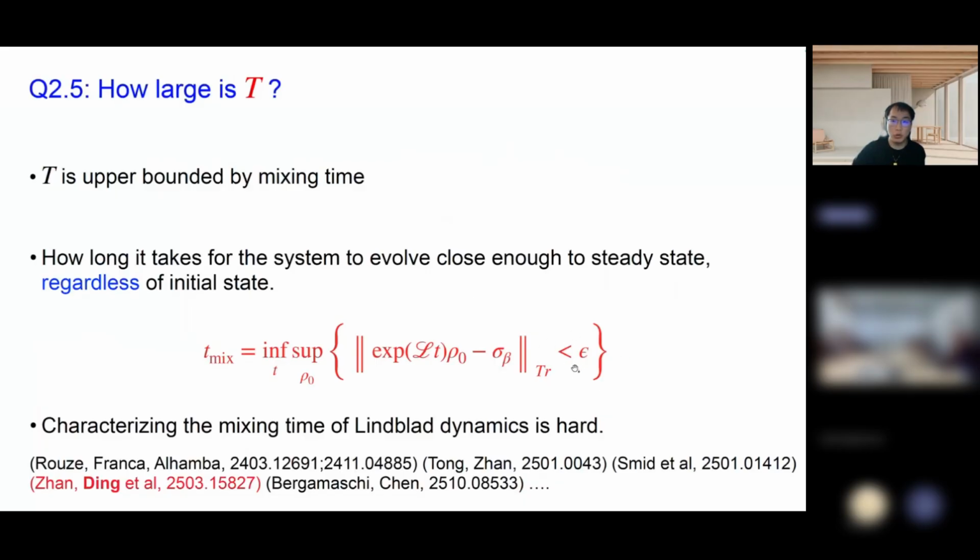If I choose my epsilon to be small, then I can ensure that the resulting state will be very close to my target thermal state or the ground state. Because my previous complexity scales linearly in the capital T, now I only need to find an upper bound for this capital T. Then I can guarantee that my algorithm is efficient.